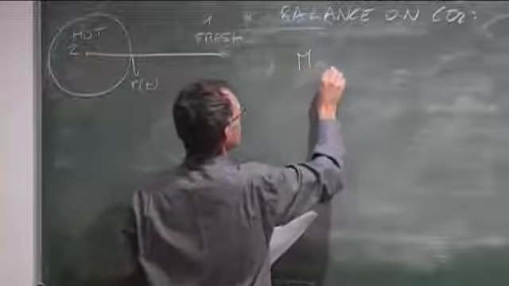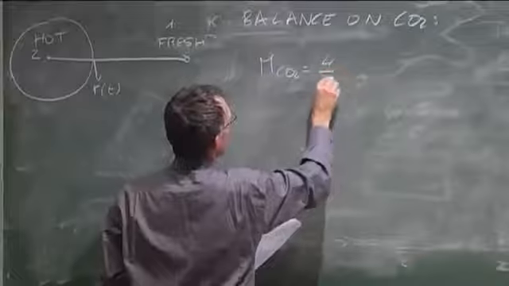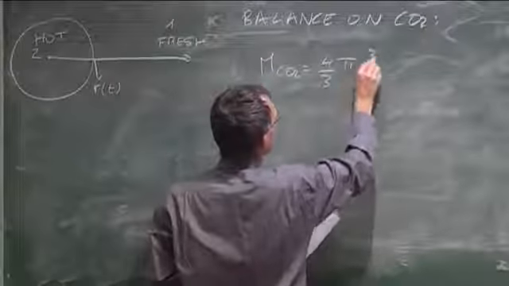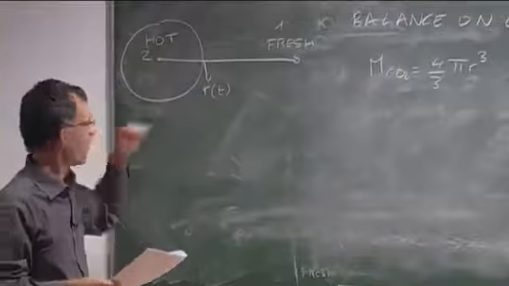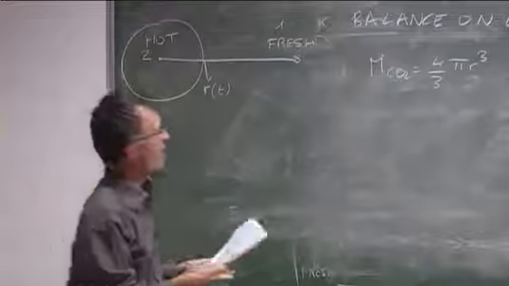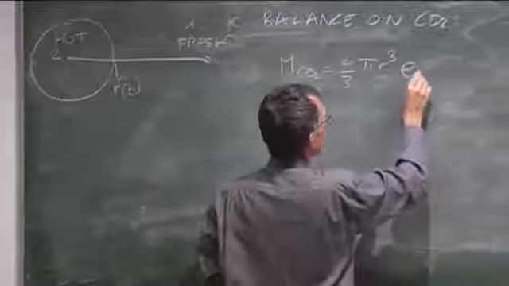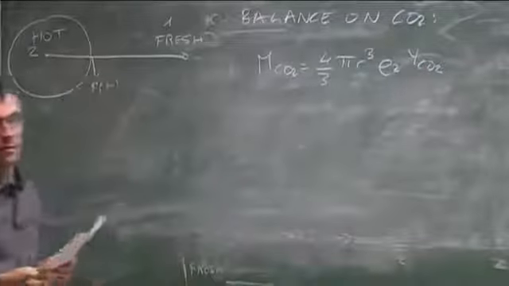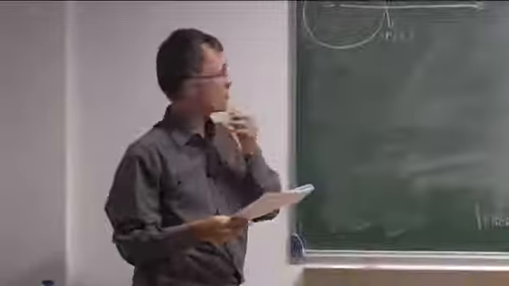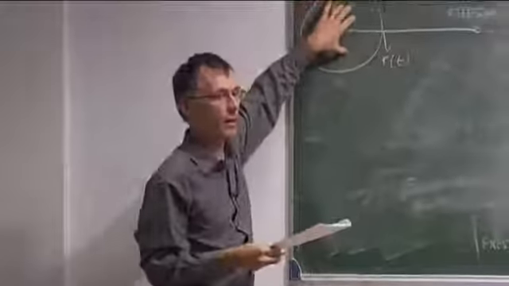The mass of CO2 is equal to 4/3 of pi r cubed, the volume of the sphere, multiplied by the density of the burnt gases multiplied by the CO2 mass fraction in the burnt gases. Okay, this is how much CO2 I have here.